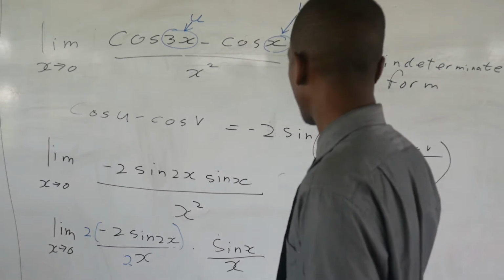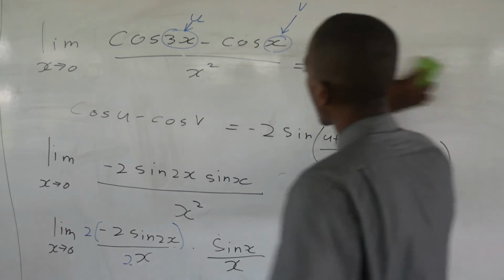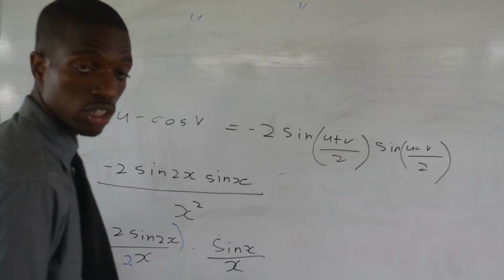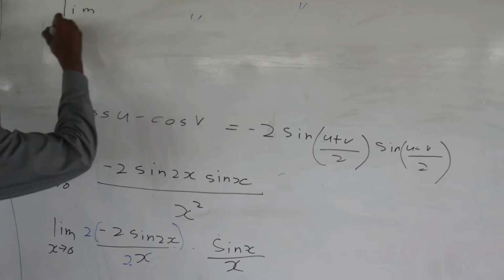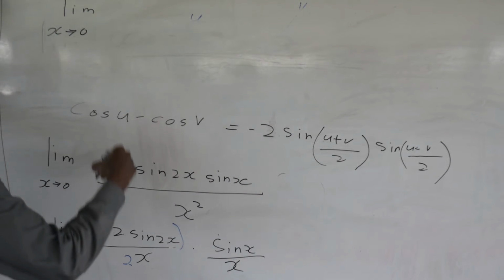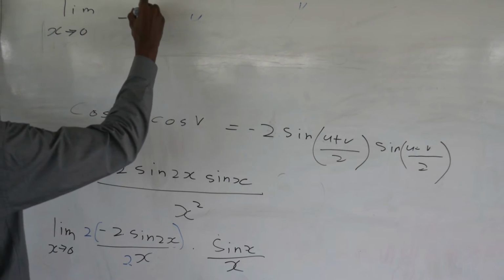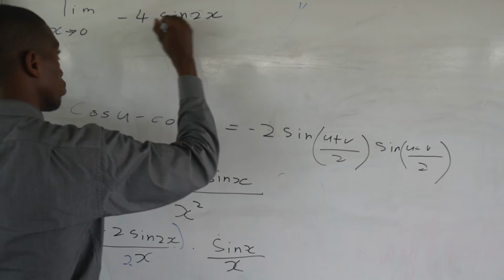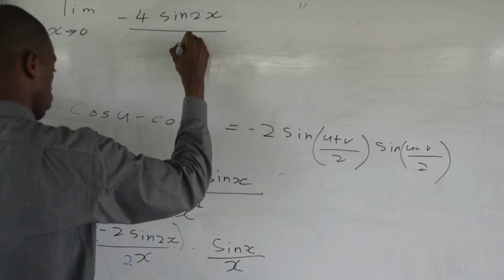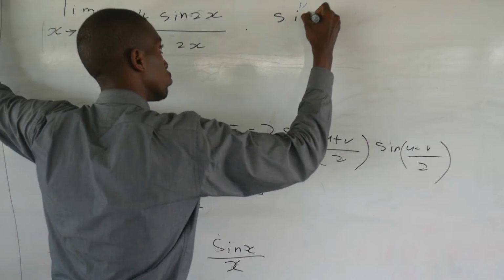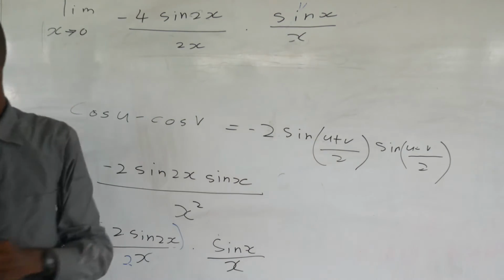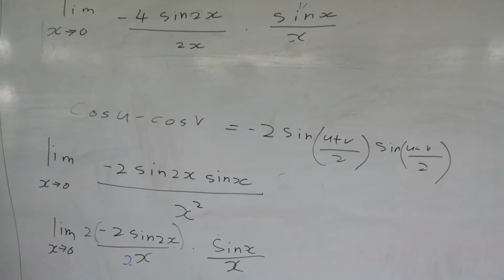So this now becomes the limit. Now, two of those things would go directly to 1 because of the limit.